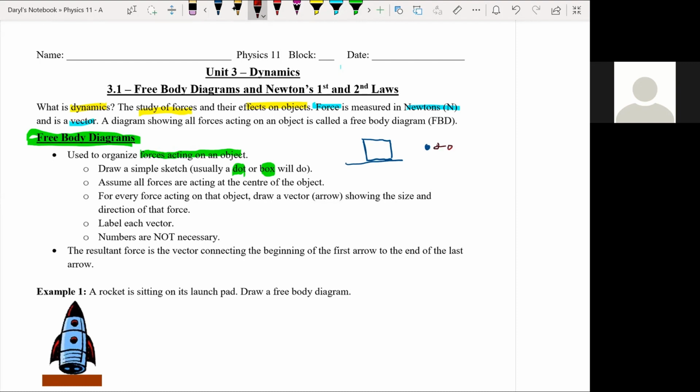You just have to draw the dot to represent your object and identify the forces. As I mentioned earlier, this particular object on Earth should be acted upon by gravity. So Fg is downward.